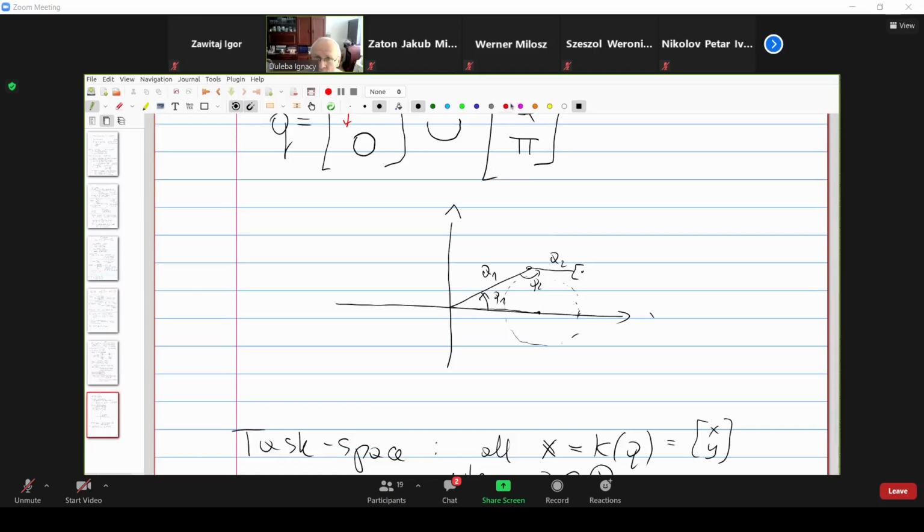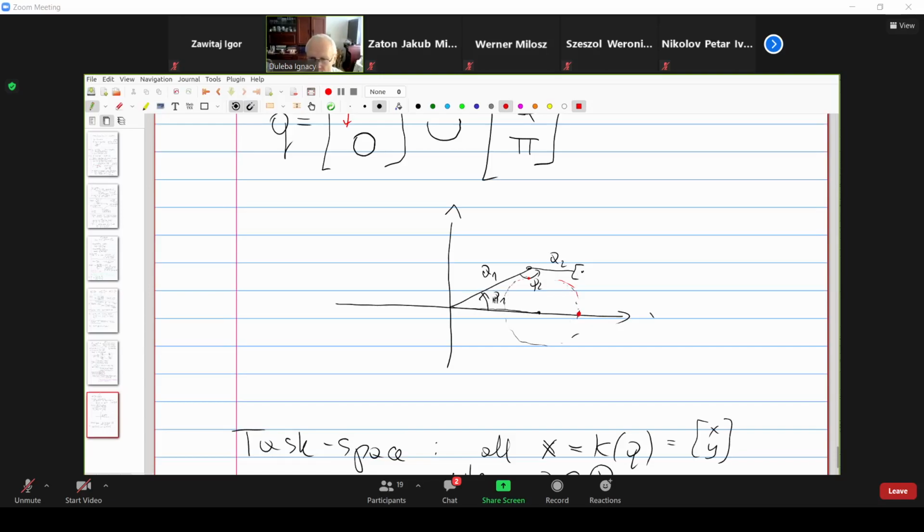So for sure, we have this point, and also these, and these. And let's move this circle, moving Q1. So let's concentrate on the shape of this point. When Q2 is equal to pi, the manipulator is fully stretched.